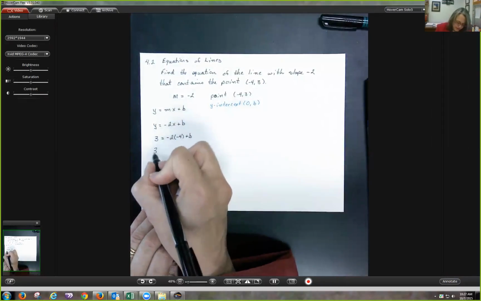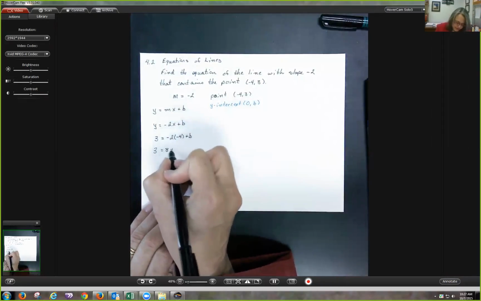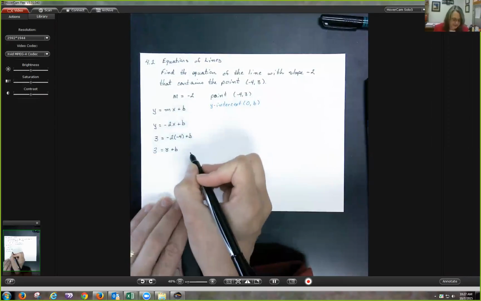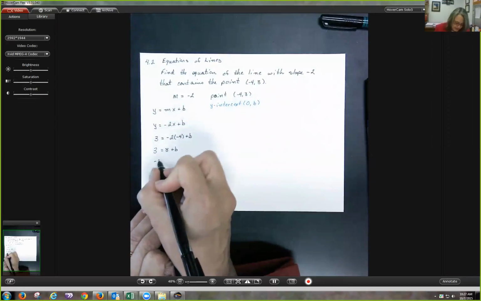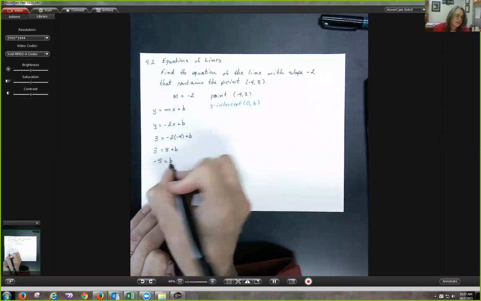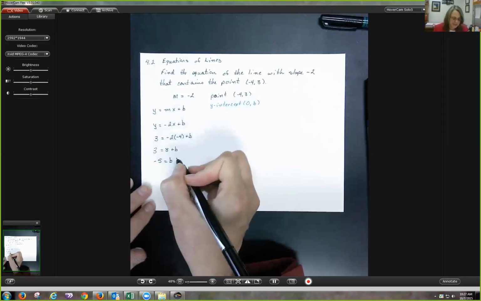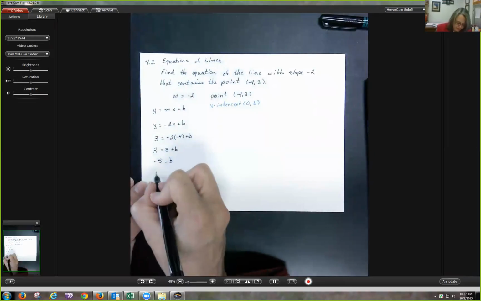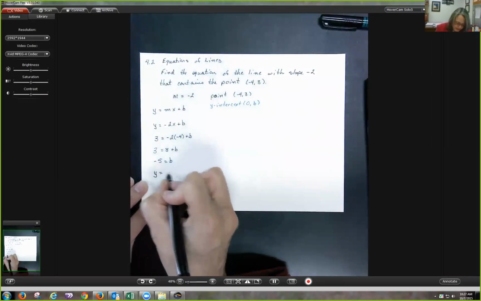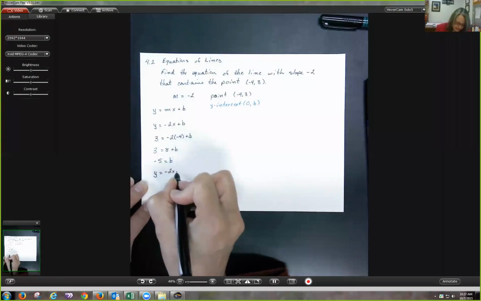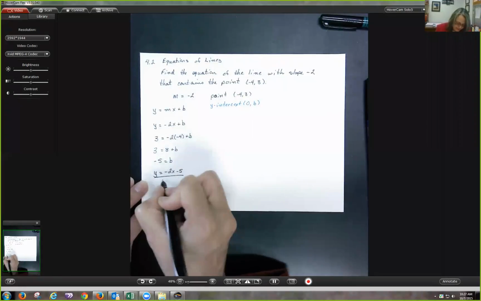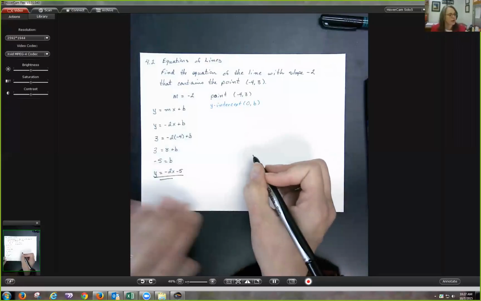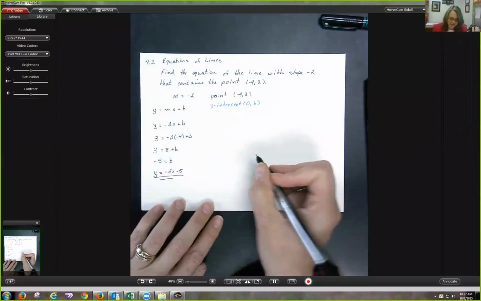So I've got 3 now equals 8 plus b. Subtract 8 from both sides of this equation, and we get -5 equals b. Now the answer to my question is actually the equation of the line. So my answer will be y equals -2x minus 5. Okay, that's one way of solving this.